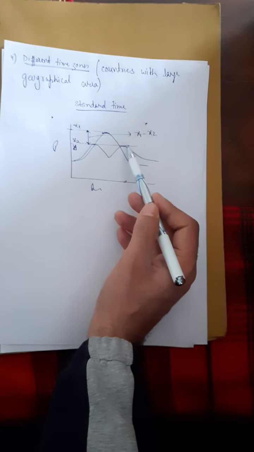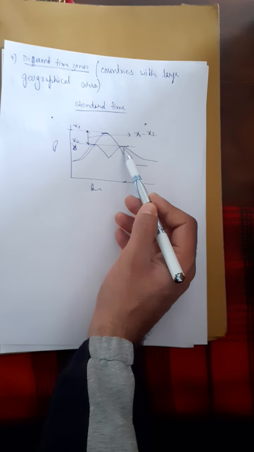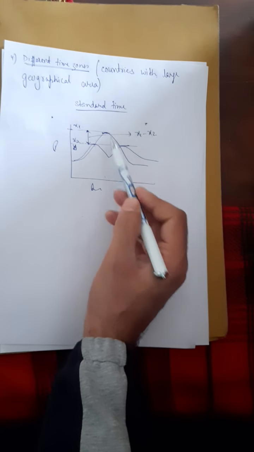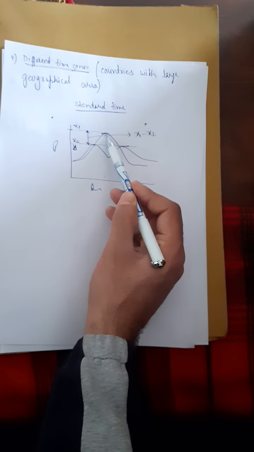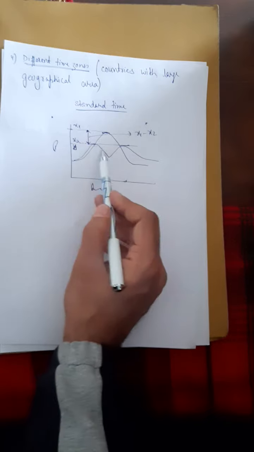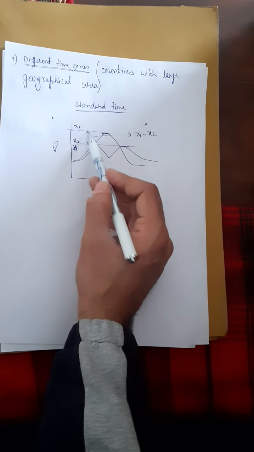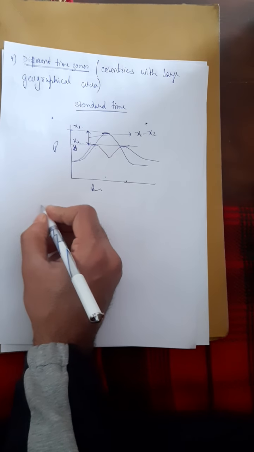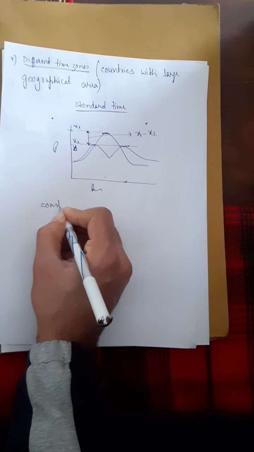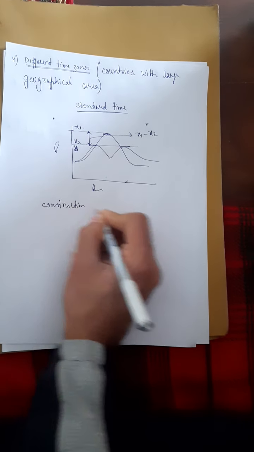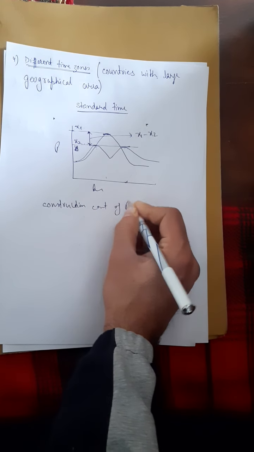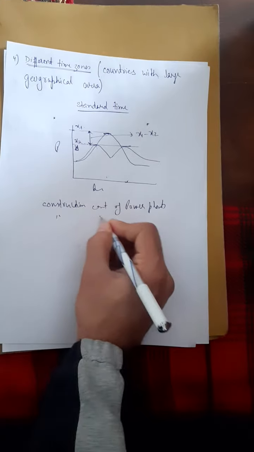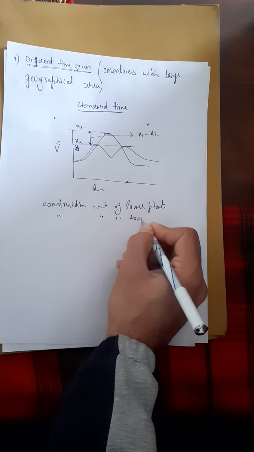So instead of one, I will have 2 peaks here. When I was having one standard time, the maximum demand was occurring at one time. Because of these 2 time zones, the peak demand has been reduced. So this will reduce the construction cost of power plants, as well as the construction cost of the transmission system.